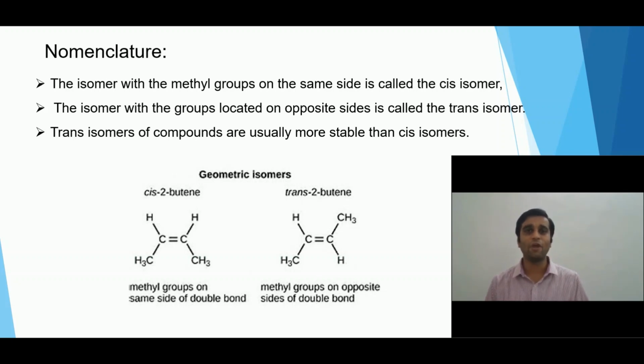We all know the bond angle of sp2 is 120 degrees and the shape of an sp2 carbon is planar. So if the substituents are on the same side of the plane, the isomer is cis. If the two methyl groups are on the opposite side of the plane, the isomer is trans. So cis-trans isomerism is applicable to those alkenes when the substituents attached are the same.